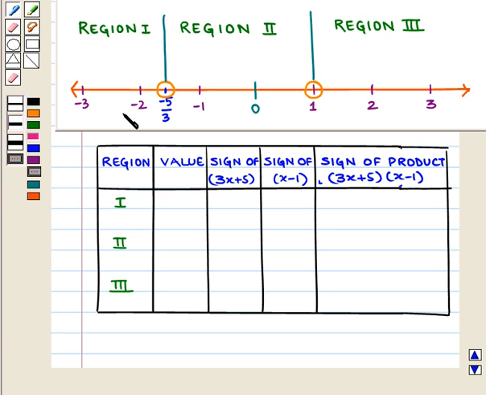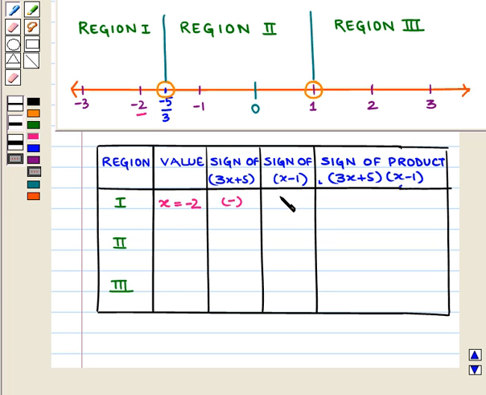Region 1 is open interval minus infinity, minus 5 by 3. So let us choose x equal to minus 2, which lies in this interval. Put x is equal to minus 2 in 3x plus 5 into x minus 1 and check its sign. Sign of 3x plus 5 is negative when we put x equal to minus 2 in this factor.